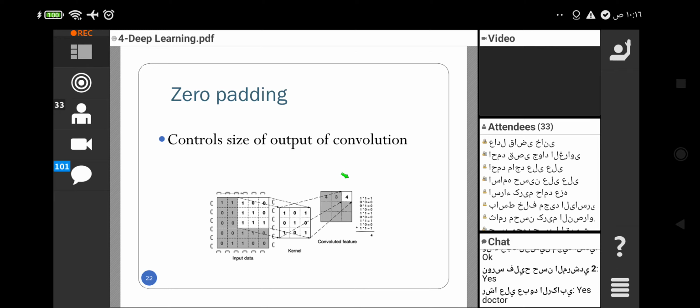So the size of the output is the same as the size of the input when we have zero padding. Okay, do you understand?